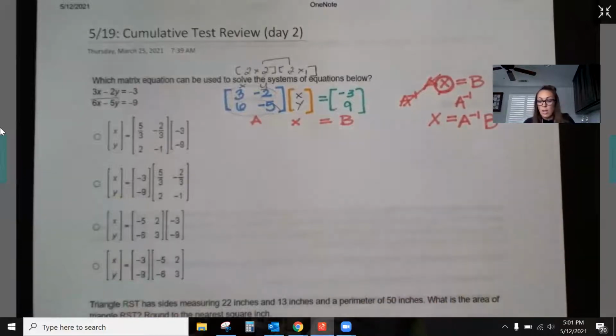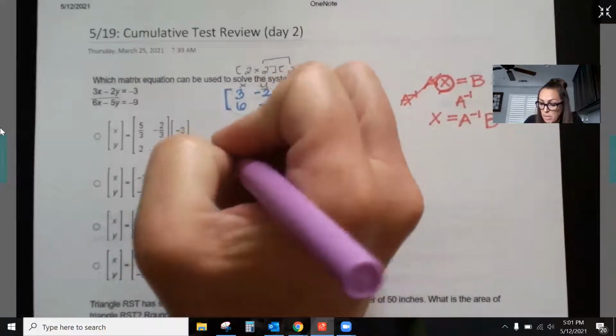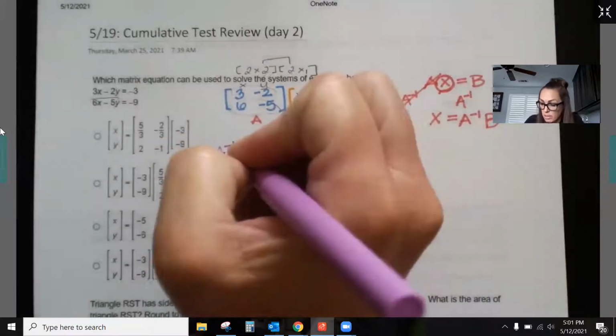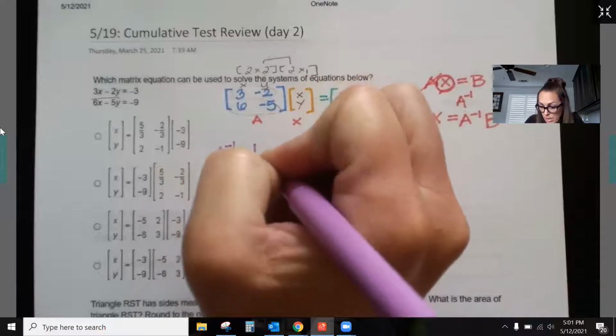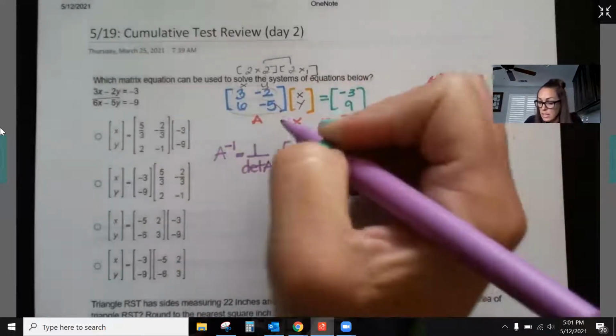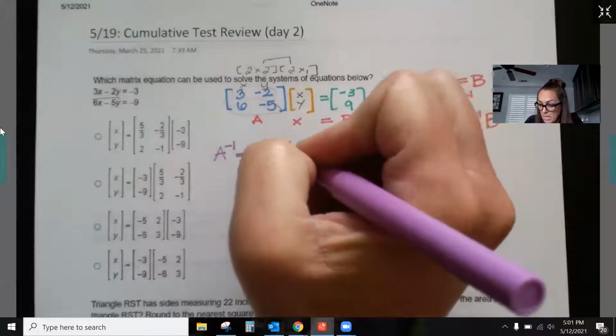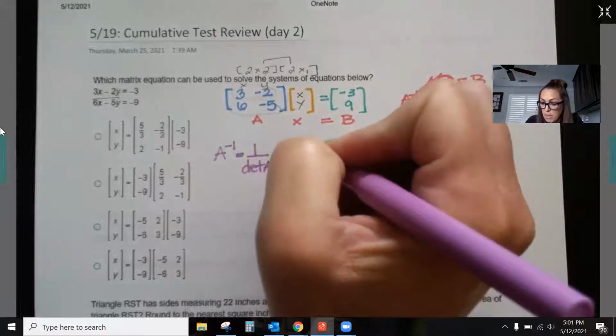So first thing I need to figure out is, what is the determinant of A? Why do I need the determinant? Because remember, the inverse is going to equal 1 over the determinant of A times the matrix where, to find the inverse, I switch my A and my D spot, and I take the opposite signs of my B and C spot.